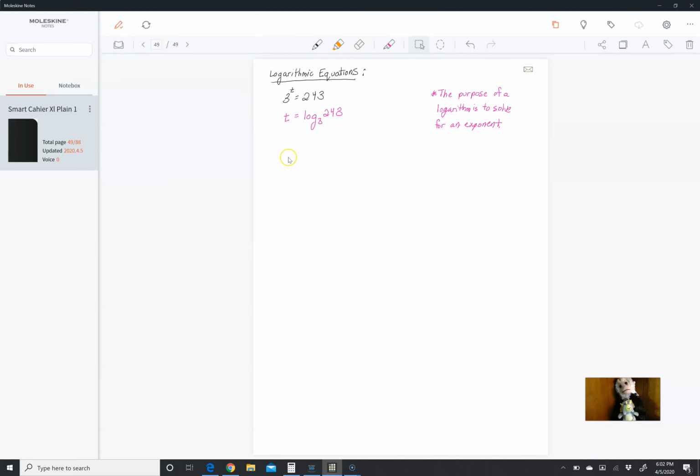And it turns out that what we can do is we can take the log of both sides, okay? As long as we're doing it to both sides, we're okay. So we can take the log of 3 to the t power and the log of 243.